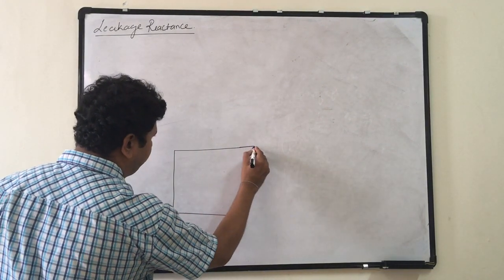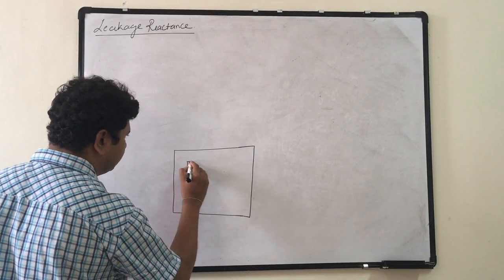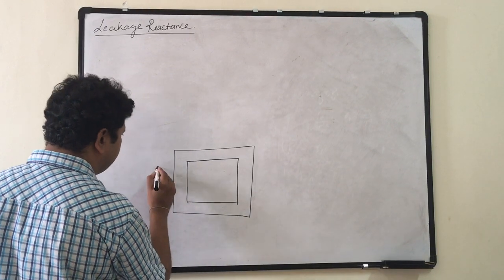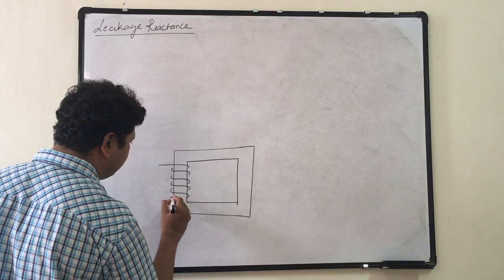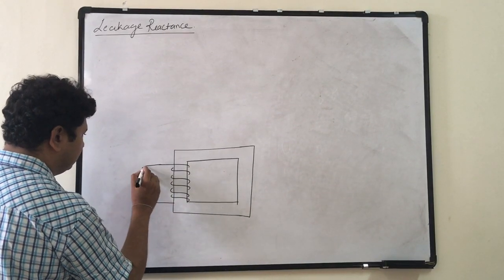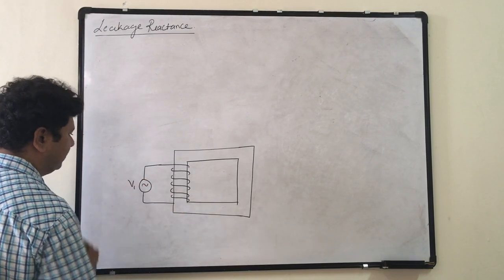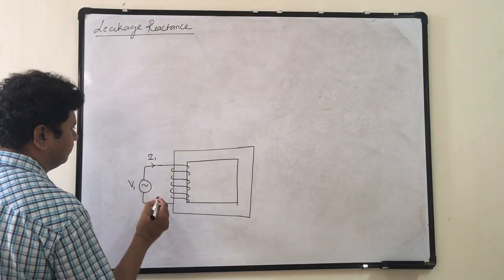Now this is a transformer frame. I provide primary supply V1 to the primary winding, and current I1 flows.